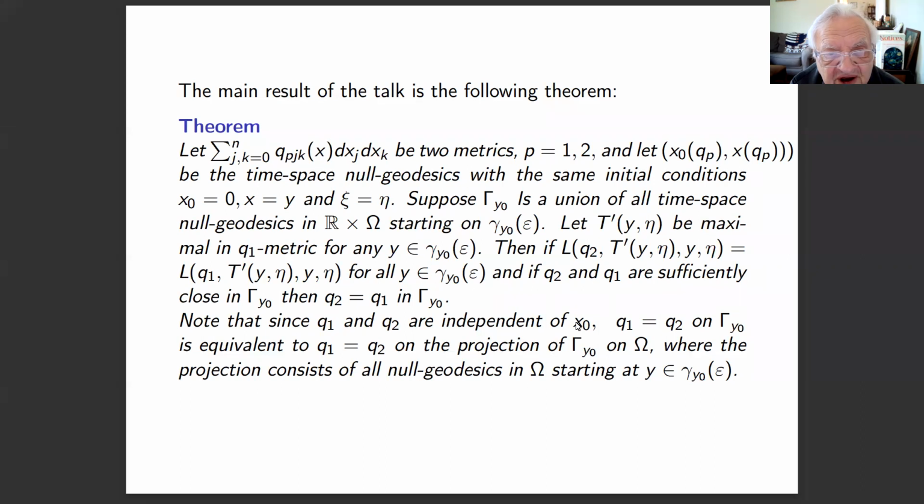Suppose we have two metrics, Q_1 and Q_2, and suppose x_0(Q,P), x(Q,P) are time-space null geodesics with the same initial condition x_0 equals 0, x equals y, and xi equals eta. Suppose Gamma(y_0) is the union of all time-space null geodesics starting on Gamma_0(epsilon).